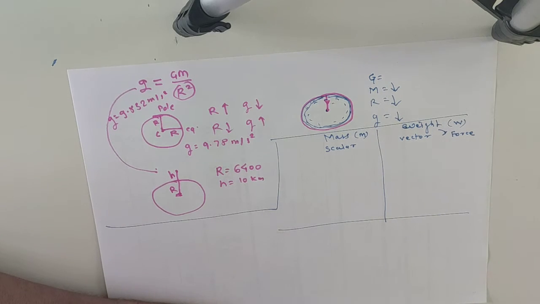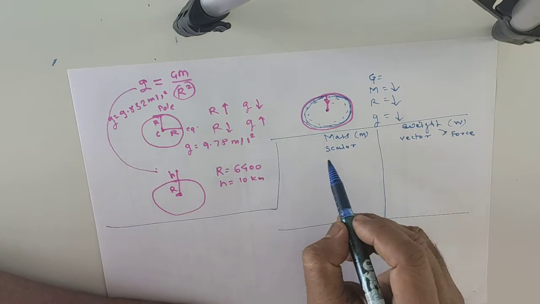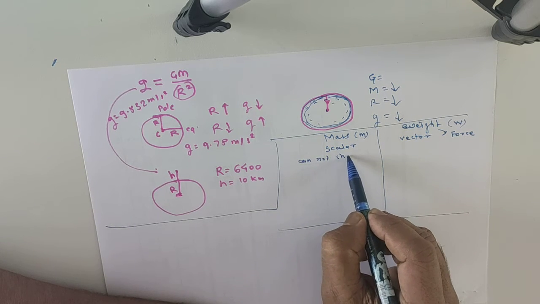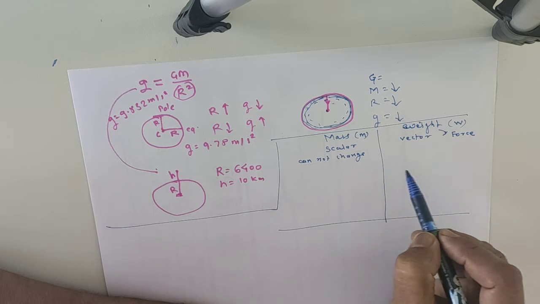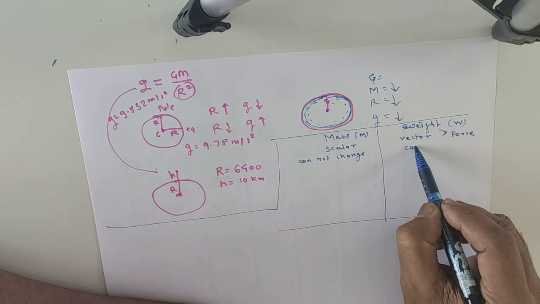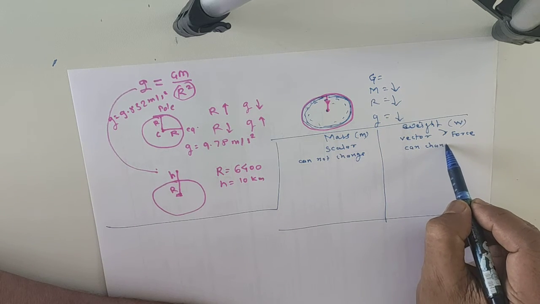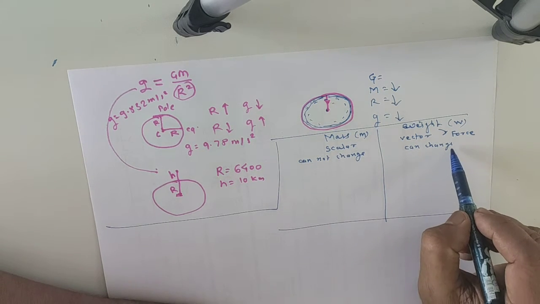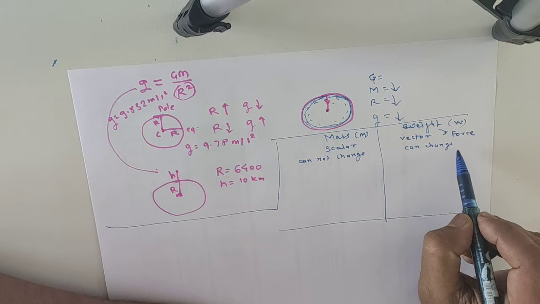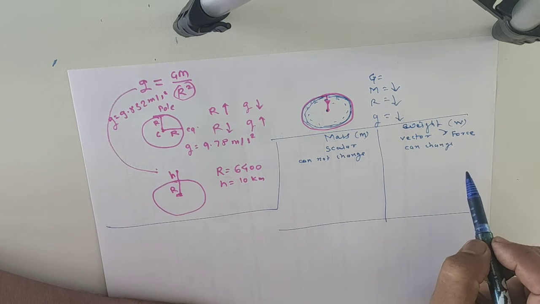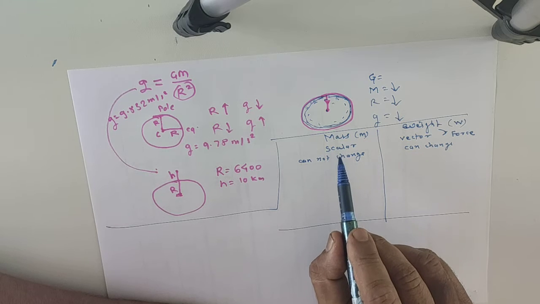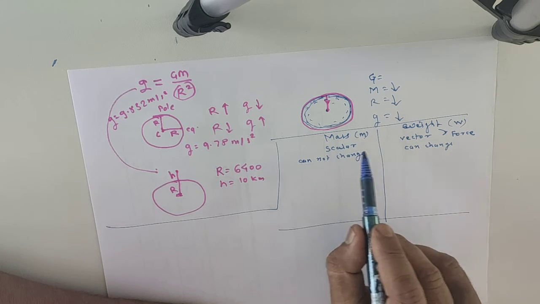Mass cannot change. Mass is always constant. But weight can change at different locations. On Earth, weight is different than on the Moon. But mass is the same on Earth, on the Moon, etc.